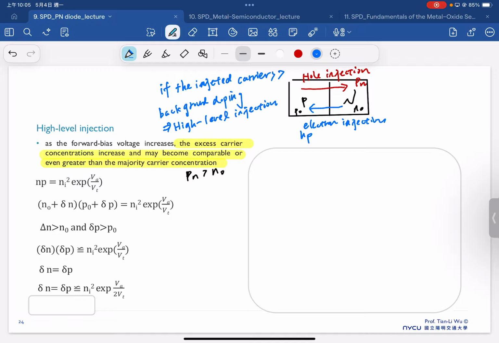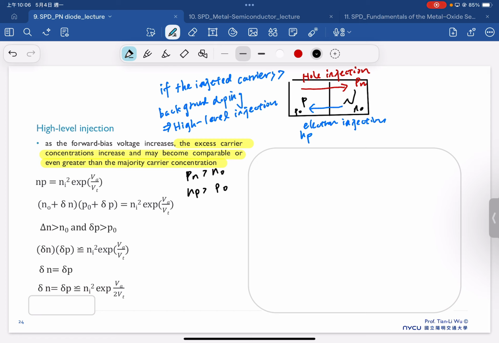Therefore, if the Pn is larger than N0 and Np is larger than P0, this is a case where we have the high-level injection. And now we are going to show how this high-level injection can influence our IV characteristic.